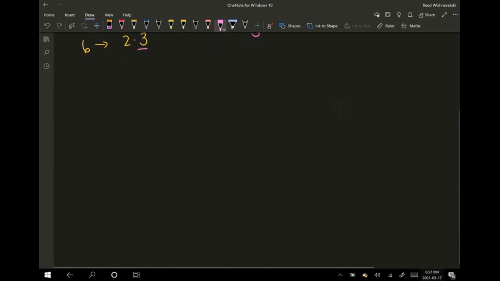Okay, now moving on. For the trinomial, we are going to be doing 6 minus 12z plus 18z squared. Now we're going to do the exact same thing we did up there, just with 3 terms.